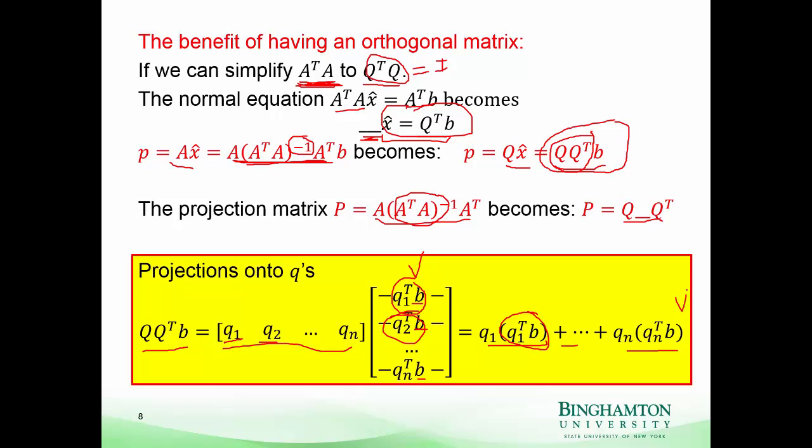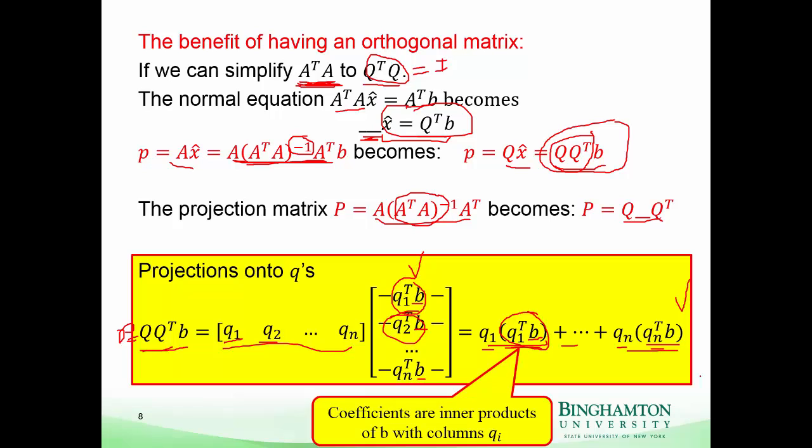And so what we're seeing is that we can write this projection, which we have over here, remember, this is equal to little p, the projection, as a weighted sum, a linear combination of the orthonormal column vectors, where the numbers that form the linear combination coefficients are just the inner product of B with each one of the orthonormal vectors.